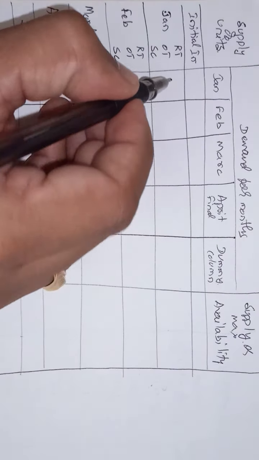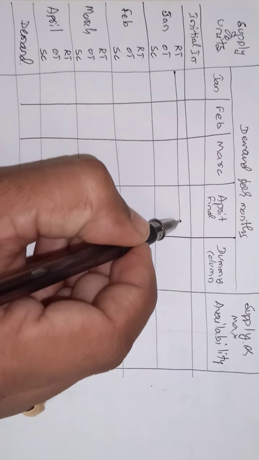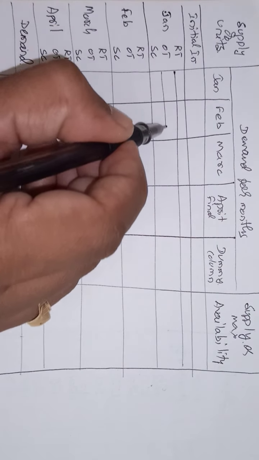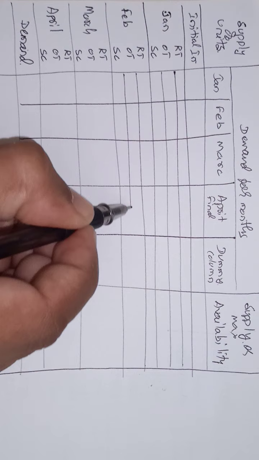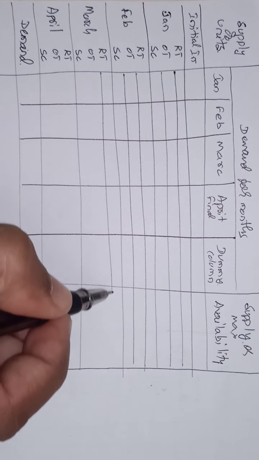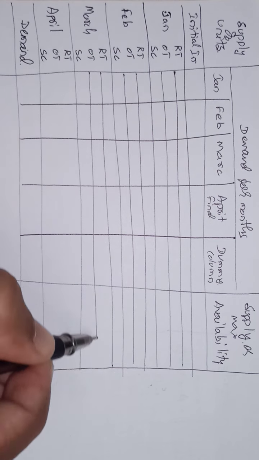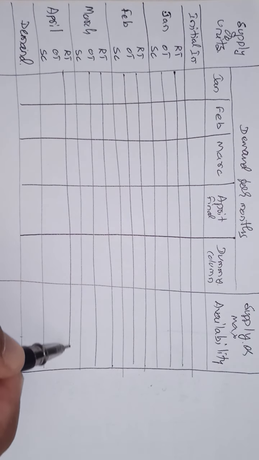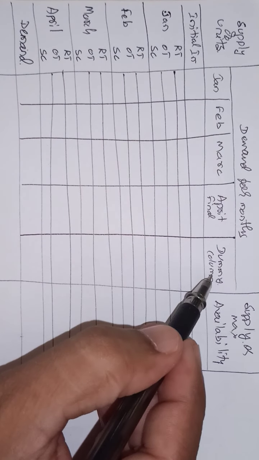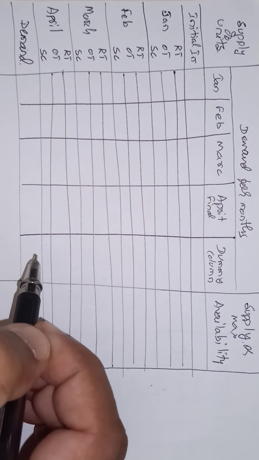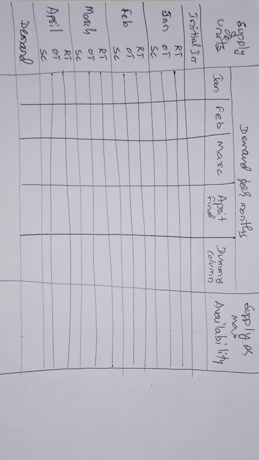Whatever we have drawn in the previous tabular column, the same tabular column we have written, but the only change is the dummy column we have added to meet those conditions, right.